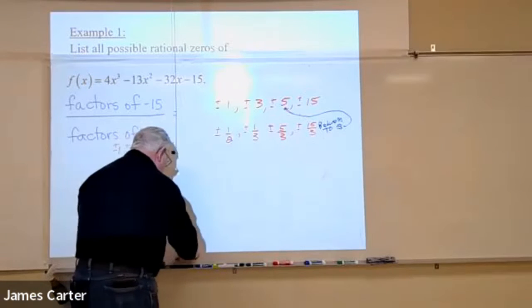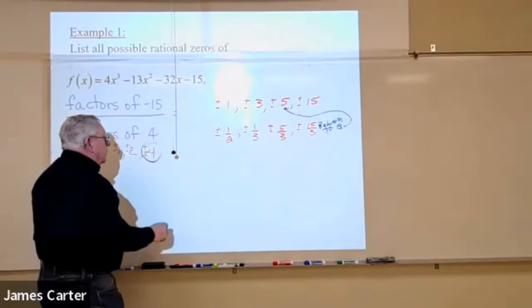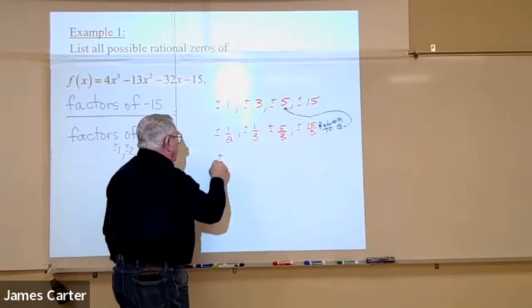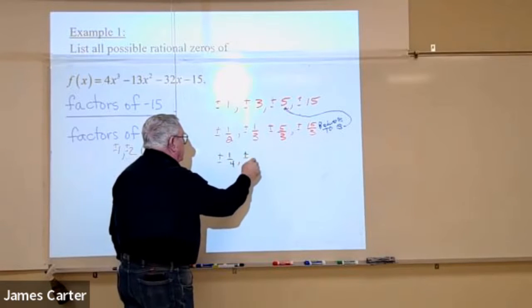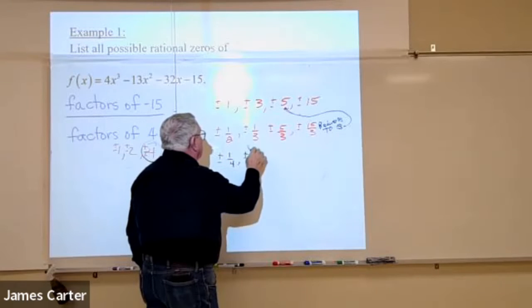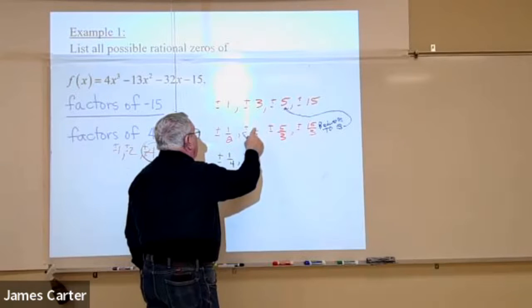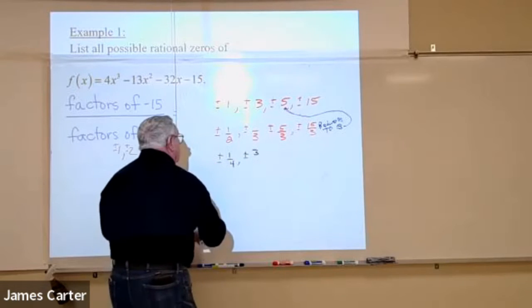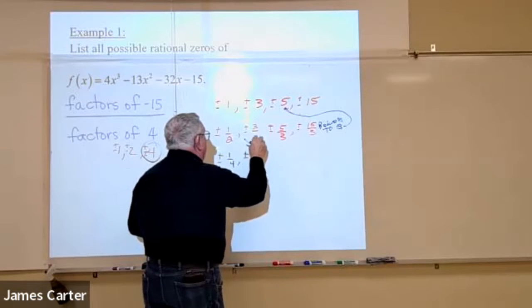Now let's do the same thing with our 4s. I can have a plus or minus 1/4. I can have a plus or minus 3. Oh, you know what? I did something wrong here. This should have been 3 halves.